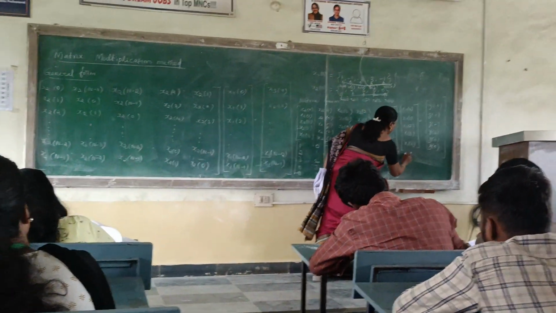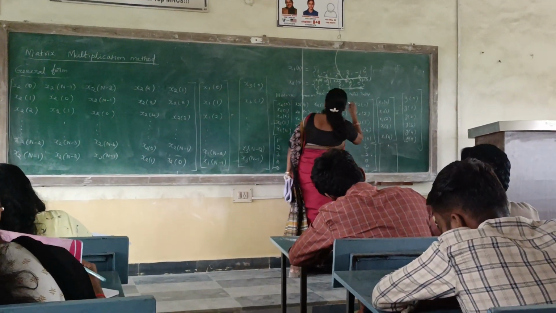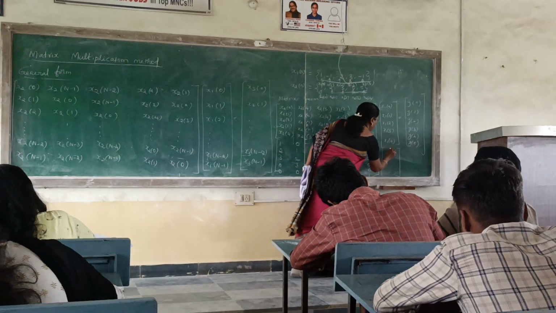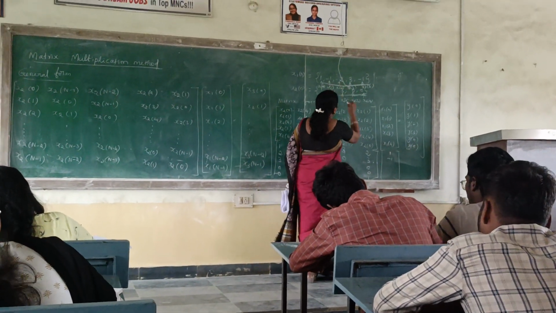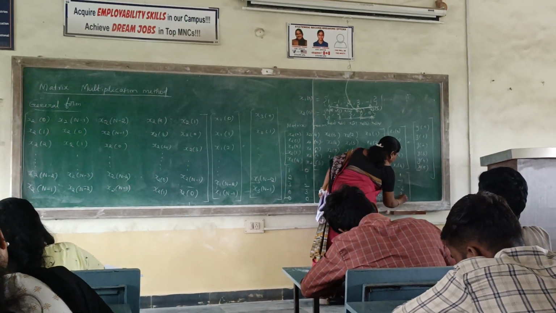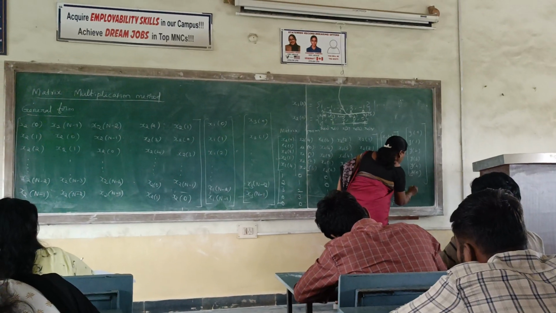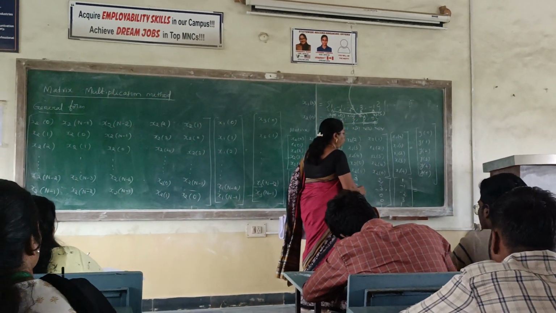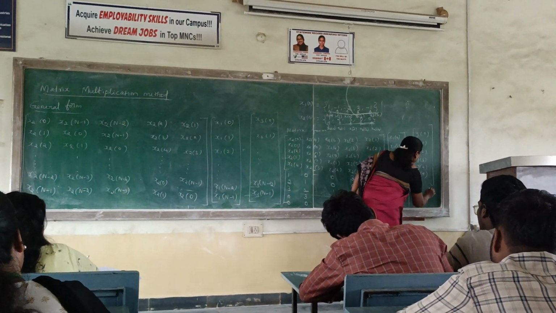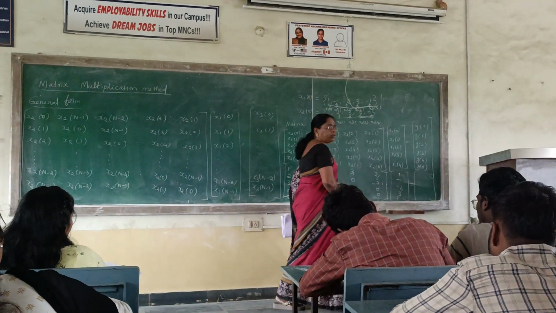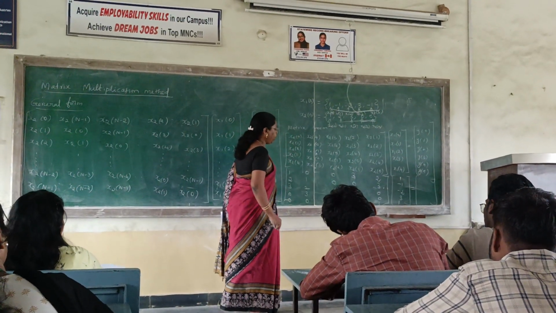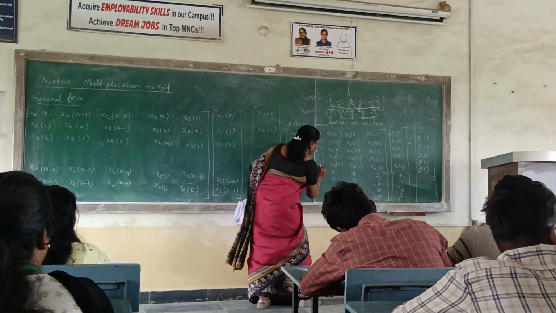x1 of 0. Which one is x1 of 0? 1, minus 1, minus 2, 3, 1. So this should be equal to y of 0, y of 1, y of 2, y of 3, y of 4, y of 5. How will you find this answer? How will you multiply this?